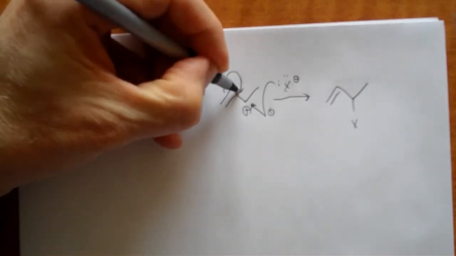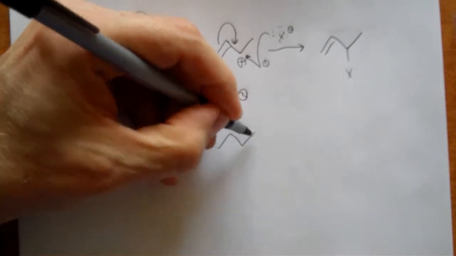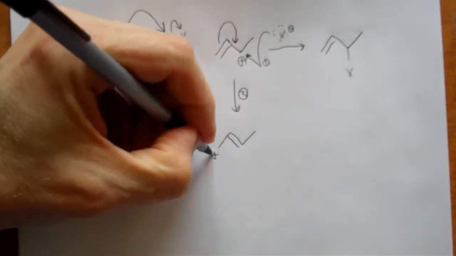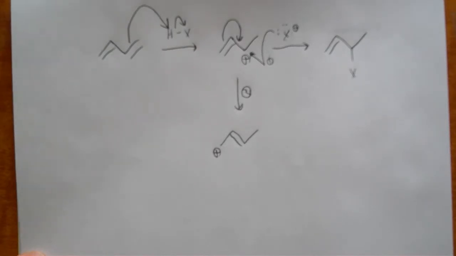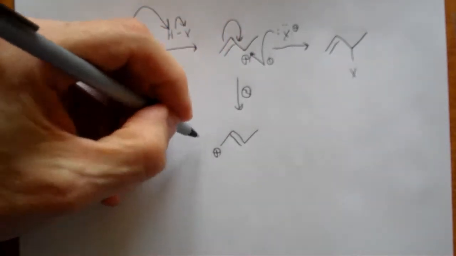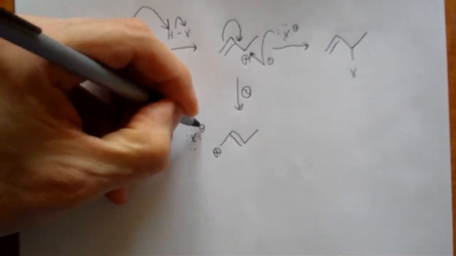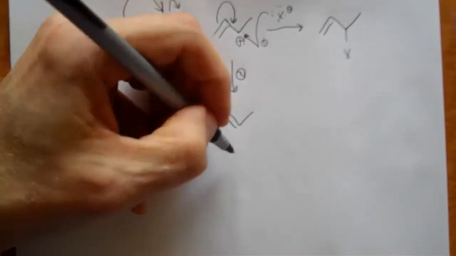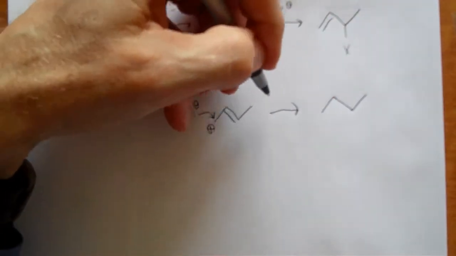Possibility 2, though, is that those pi electrons could come over here and go right and give a primary carbocation. Agreed? Look at that. Now, X would come and hit that, and we would result in boom, boom, boom.